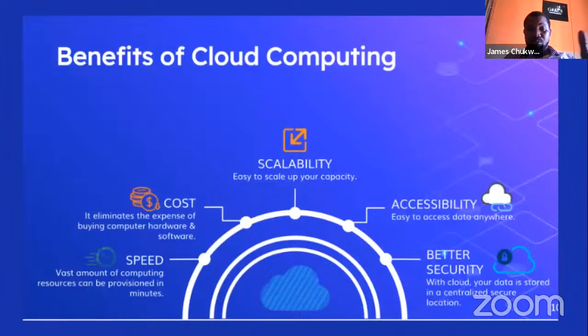Then speed. A vast amount of computing resources can be provisioned in minutes. I'm sure we all know that, for some of us that provision servers on AWS, Azure, or GCP, for instance. I'm sure quite a lot of us are used to AWS, and provisioning a server on AWS doesn't take you long. Within a couple of minutes, you are done.